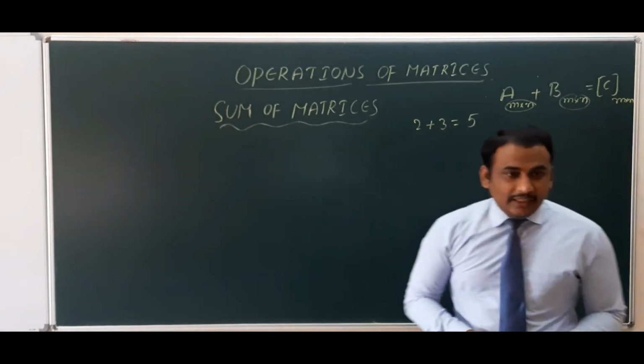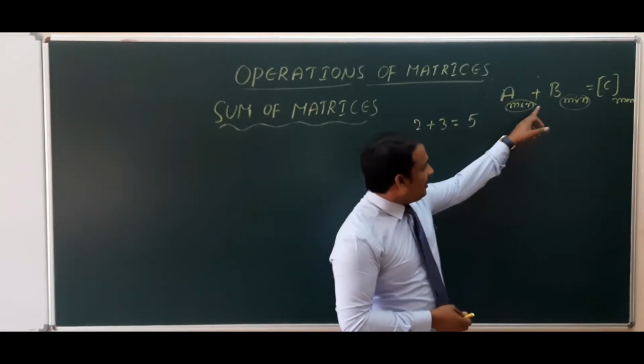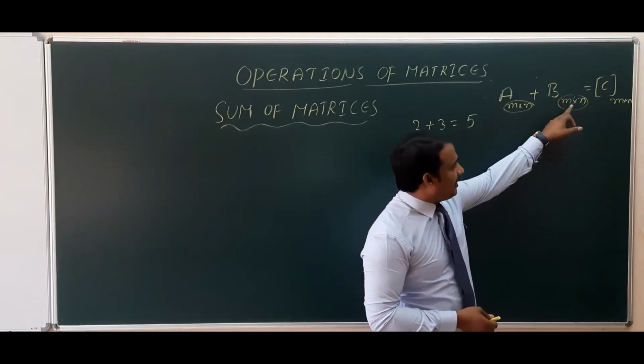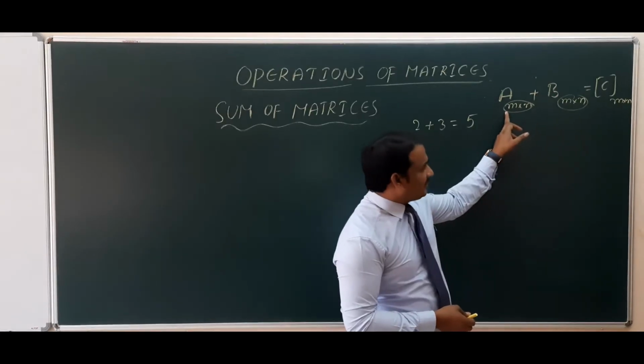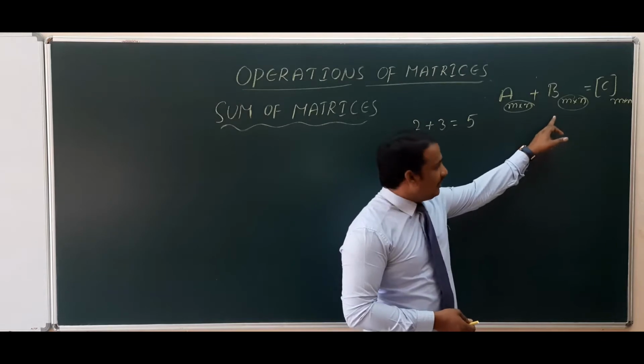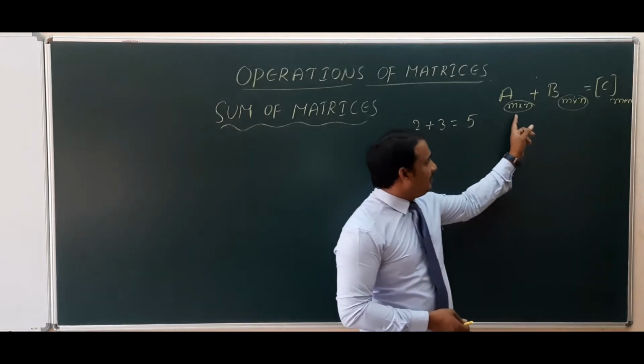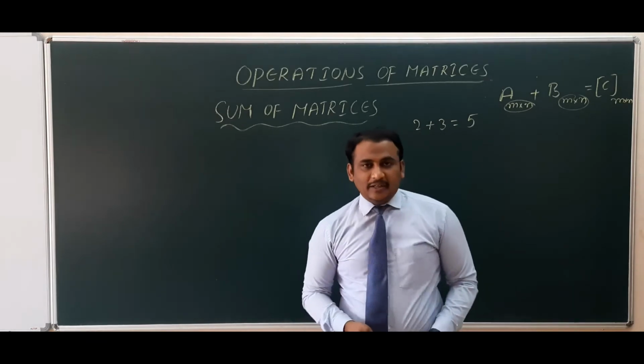Once again, capital A is a matrix of order m by n, capital B is a matrix of order m by n. For the sum of two matrices, you have to check the order is the same, and the resultant matrix will have the same order. When the order is the same, you have to add corresponding elements.